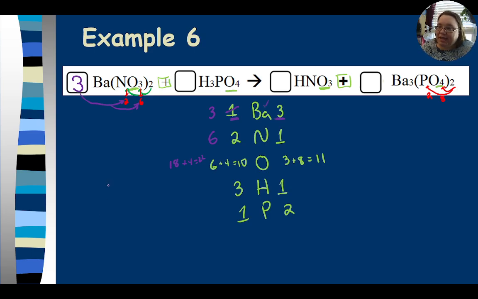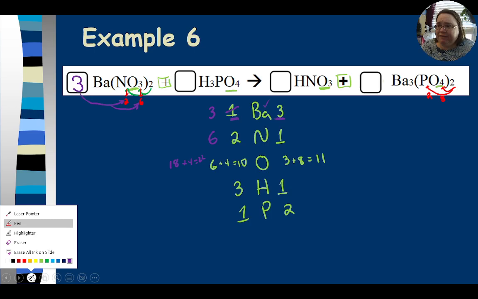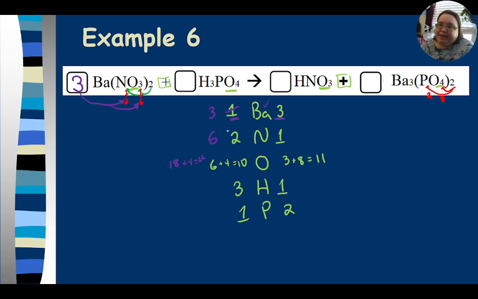I can go to my N or I can go to my P because we want to save the H and the O till the end. And save the O till the very end. So I'm going to go to my N because it's the next thing that's broken. I can see that I need more N's on the product side. I need a total of 6 on each side. So 6 times 1 gives me 6.